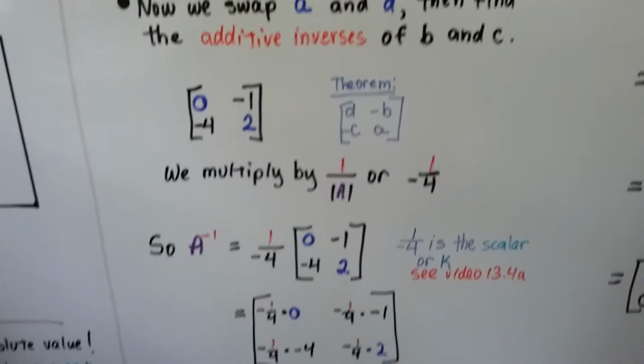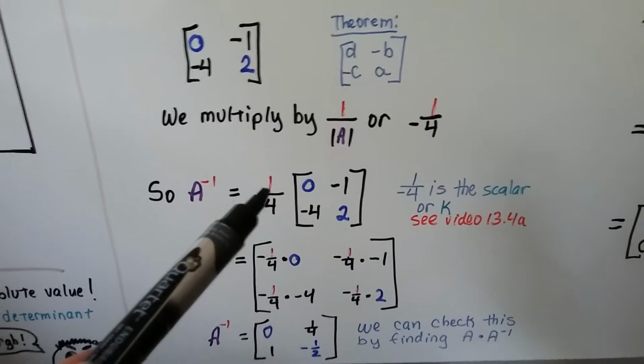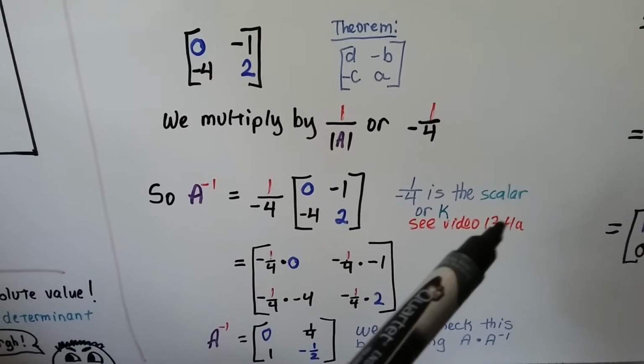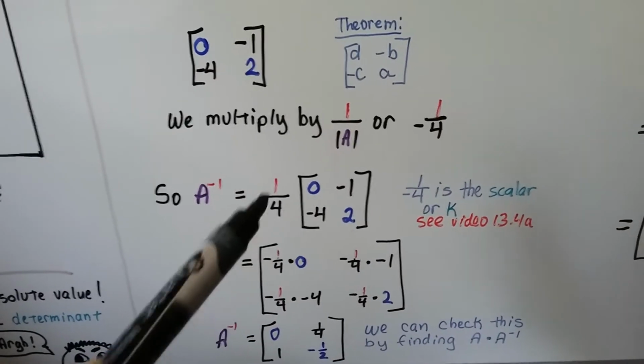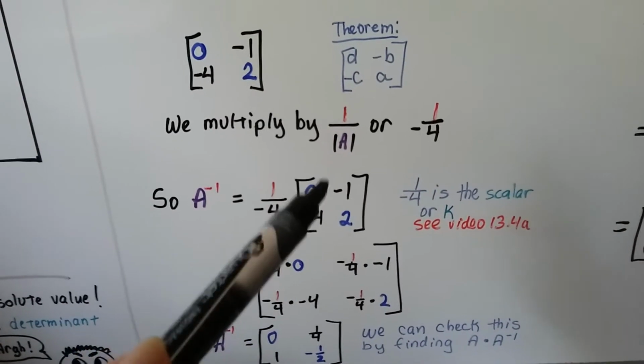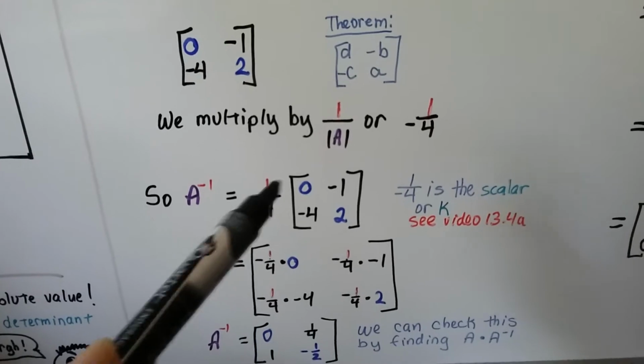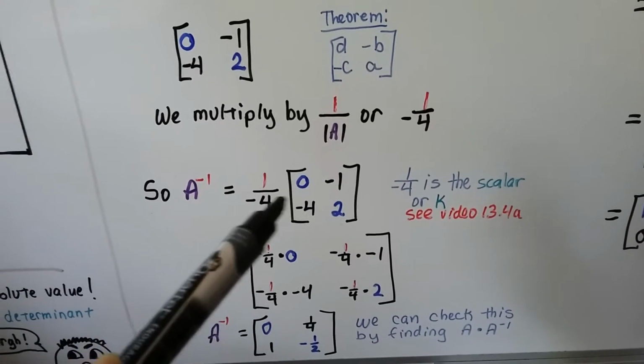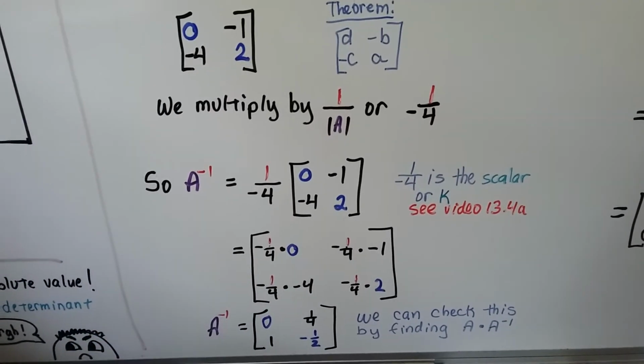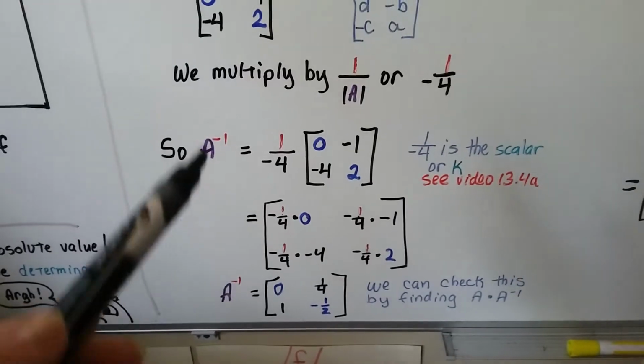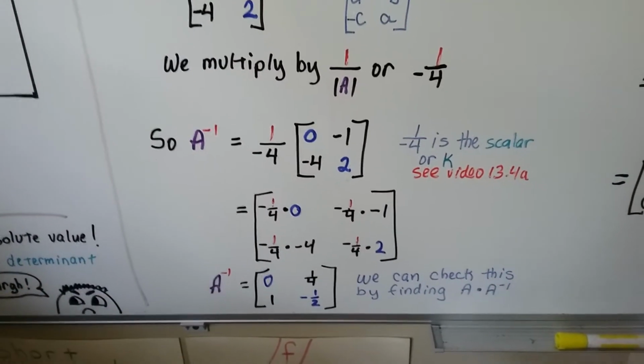So we've got a -1/4. Now, this -1/4, if you remember from 13.4a, that's the k value, that's the scalar. We're going to find a scalar product by multiplying this -1/4 to every single element inside the matrix, all right? And that's going to be what the inverse of A equals.